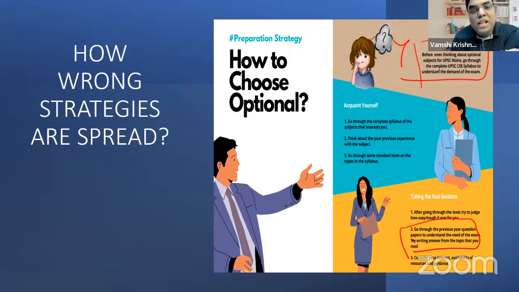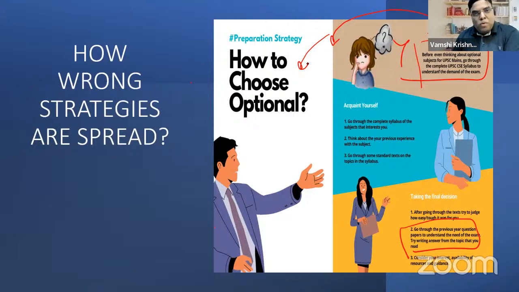These are the general things that are basically given for GS. Most of the strategies available on the internet use the same strategy and tell you to choose optional by going through previous year's question papers.